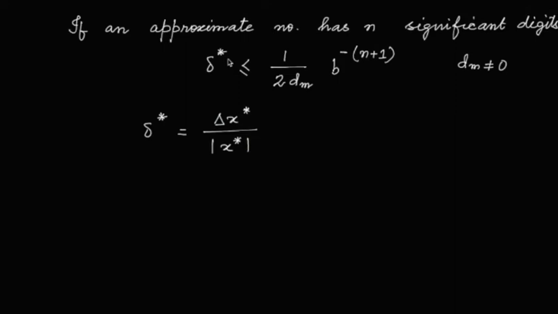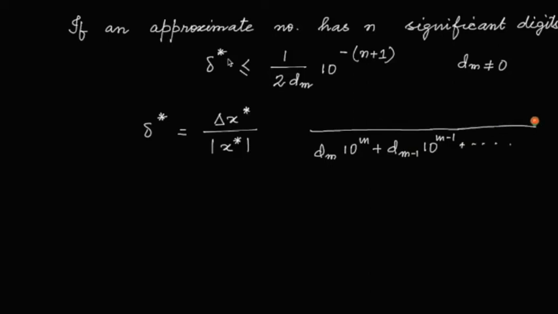Now the denominator, I can just write the expression for the number the way we were writing earlier, and let me write everything in terms of decimals. And it goes on forever because it's an absolute number. The error we have seen is to be less than whatever you were writing down earlier.